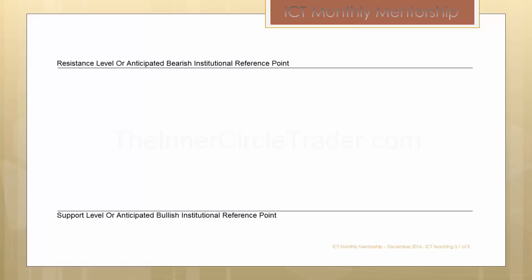When we're looking at a market that is moving up into a potential bearish resistance level, the market typically will move up into an old high. It could be an old low. It could be a bearish order block. It could be a breaker that we'll learn more about.